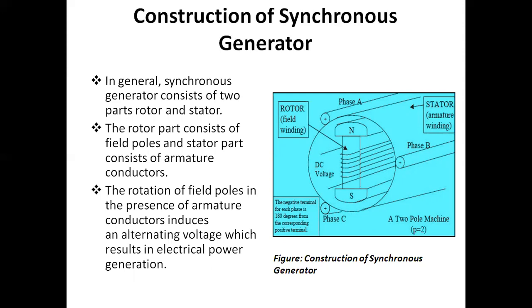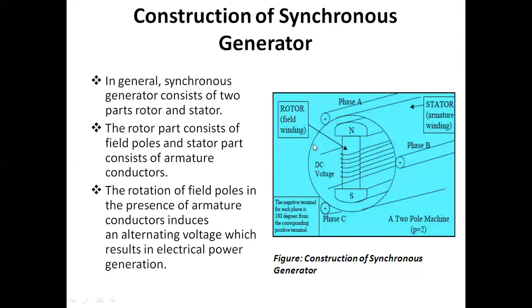If I see this pictorial view, a three-phase supply is provided: phase A, phase B and phase C. This is the rotor field winding, which is excited by the DC voltage, and this is called the stator or the armature winding. This is a two-pole machine, and the negative terminal for each phase is 180 degrees from the corresponding positive terminal.